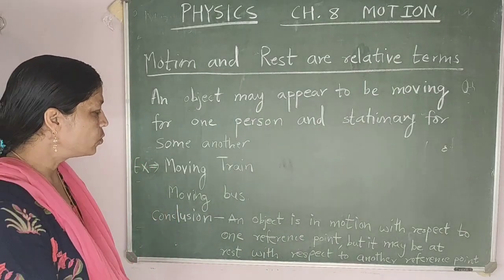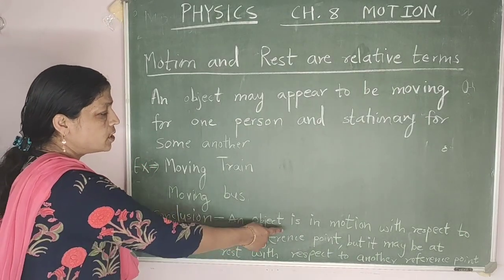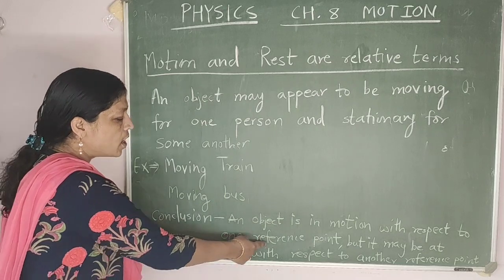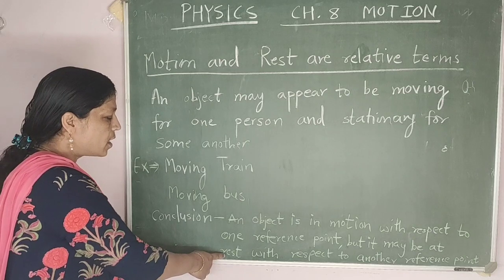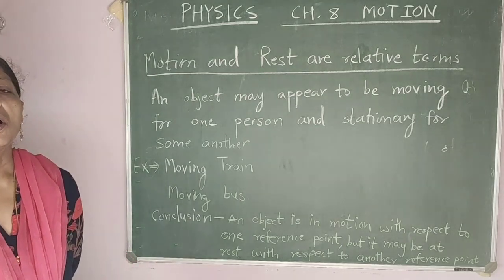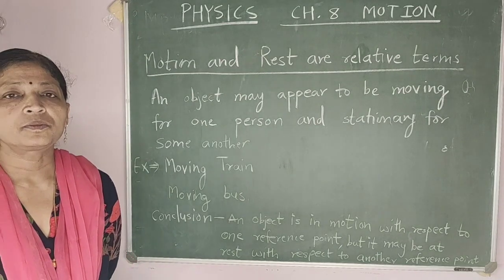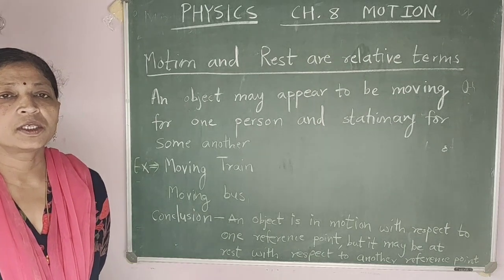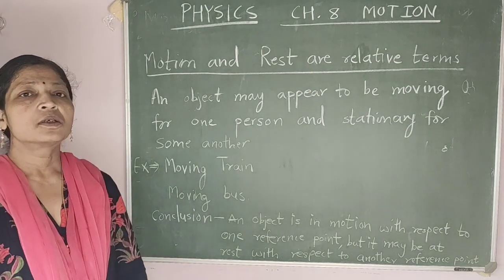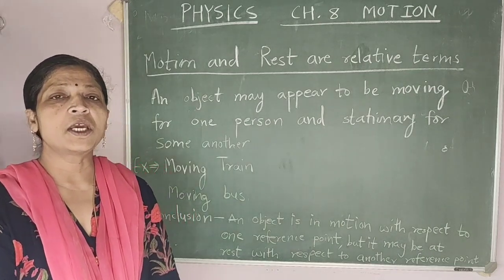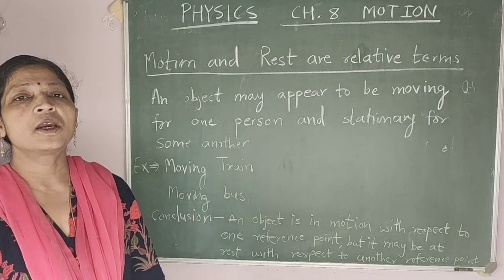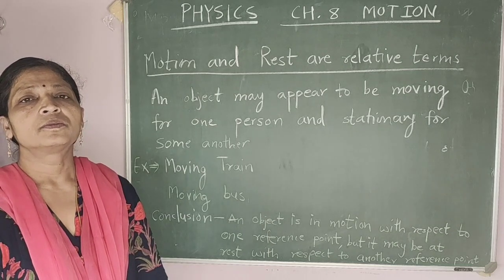So what is our conclusion? An object is in motion with respect to one reference point, but it may be at rest with respect to another reference point. Again we will see the example of a bus. The bus is moving and the person standing on the road we take as one reference point.